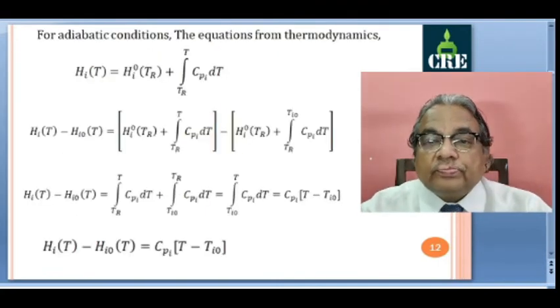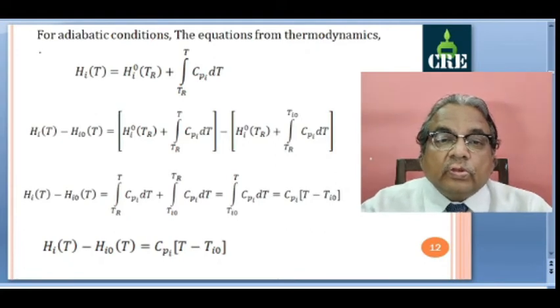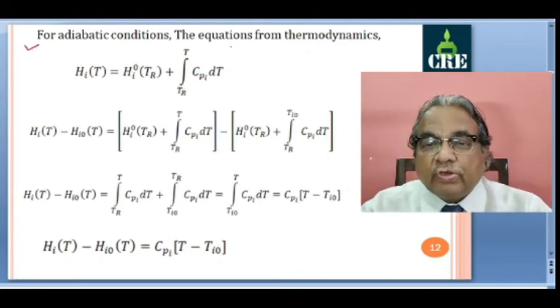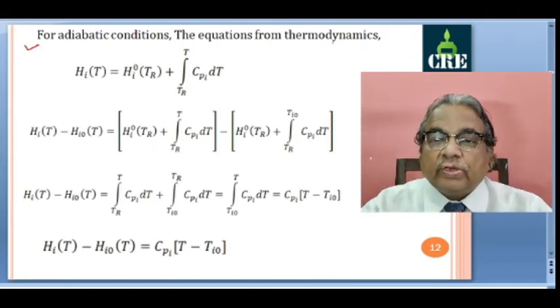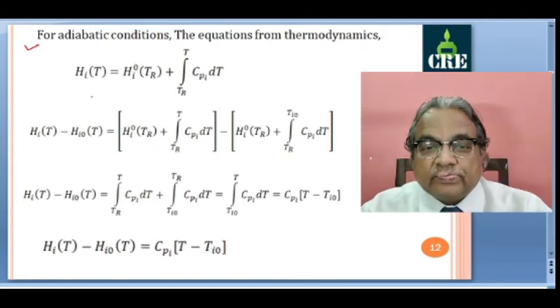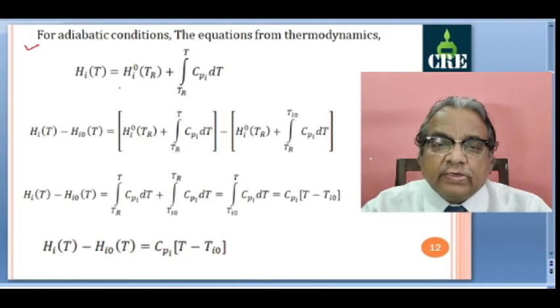Now we'll look into, for adiabatic conditions, few important equations we'll be using further, and these equations we have taken up from thermodynamics. This you have already studied in detail.